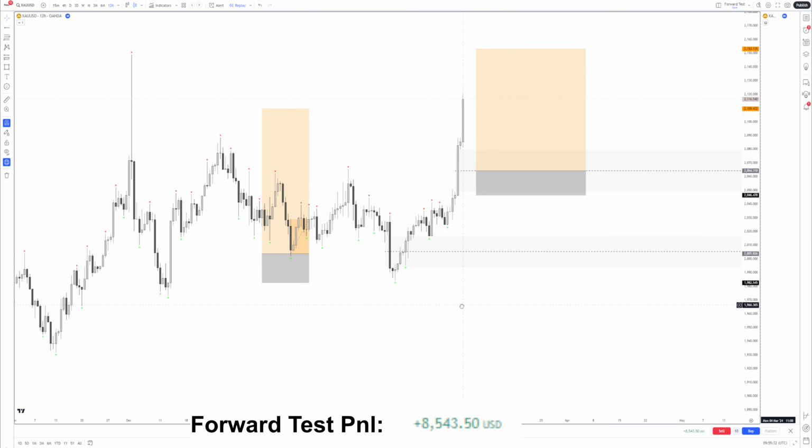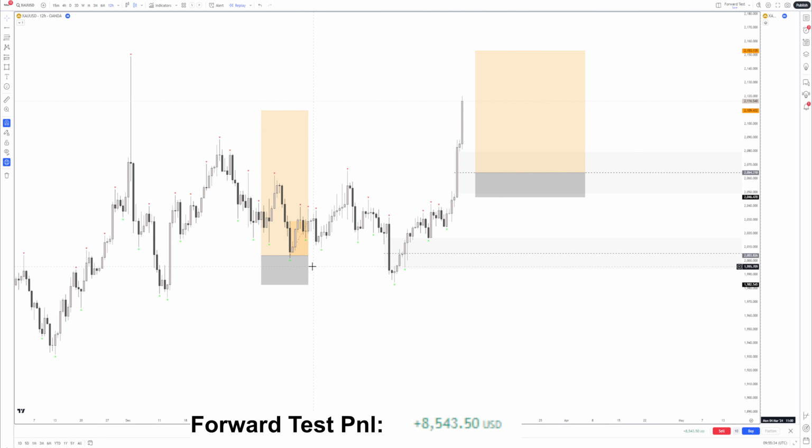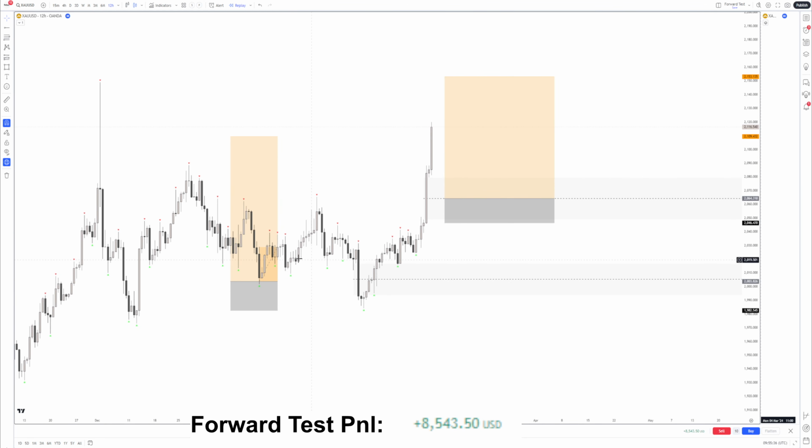So that is a fair amount of time to be waiting for 5R. In between, we could have traded different fair value gaps. We could have entered a fair value gap, exited another fair value gap. We could have taken another counterplay on that fair value gap. And yeah, so far it looks promising.